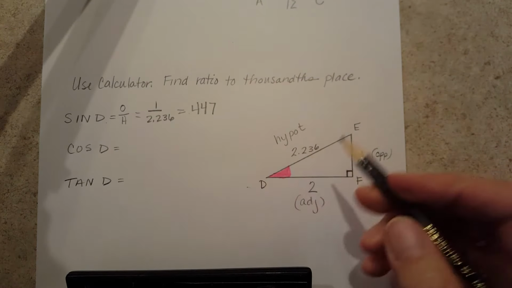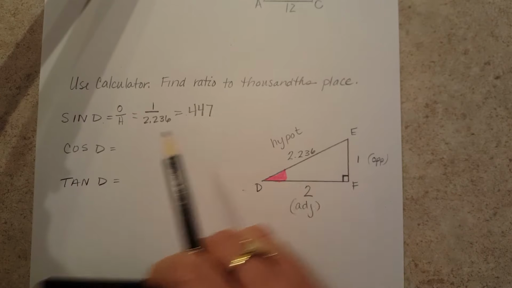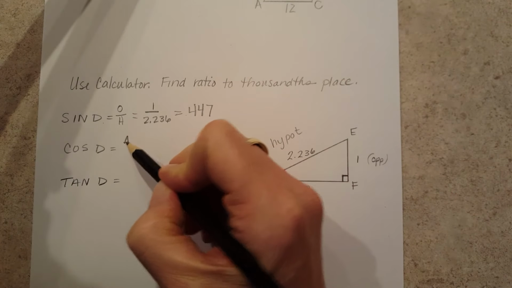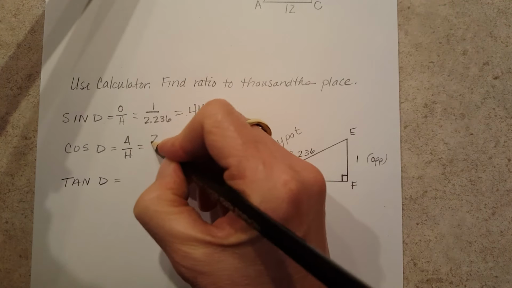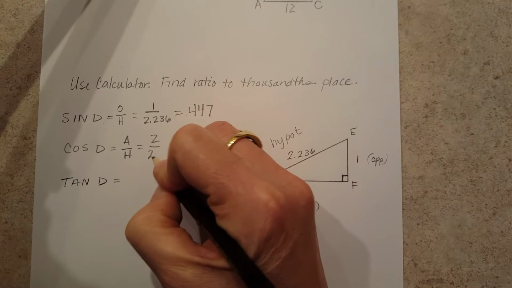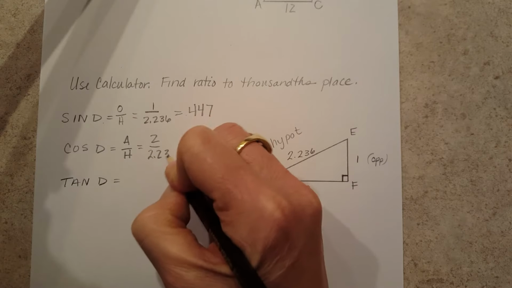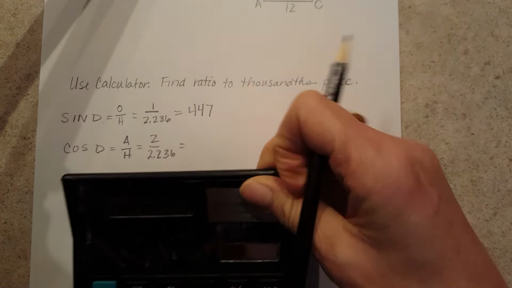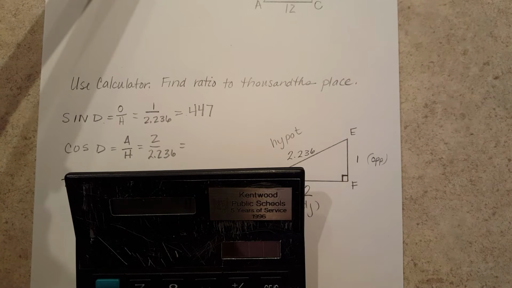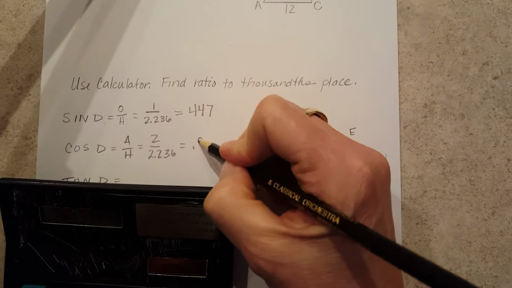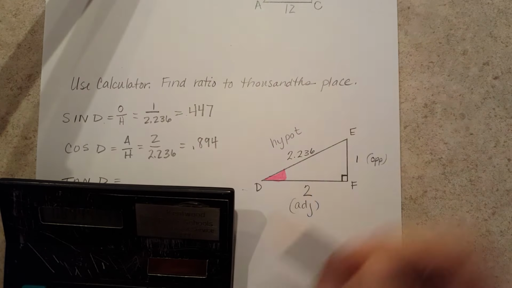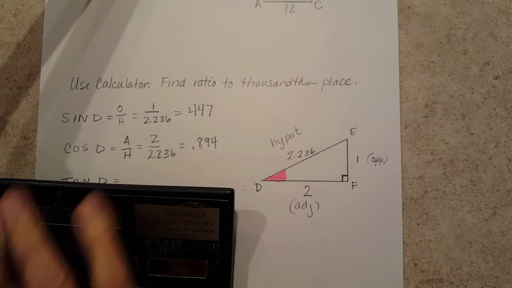Okay, cosine of D. Cosine, CAH. So I need A over H, adjacent over hypotenuse. And then we find that ratio. 2 divided by 2.236 equals 0.894. 4 means we stay there.